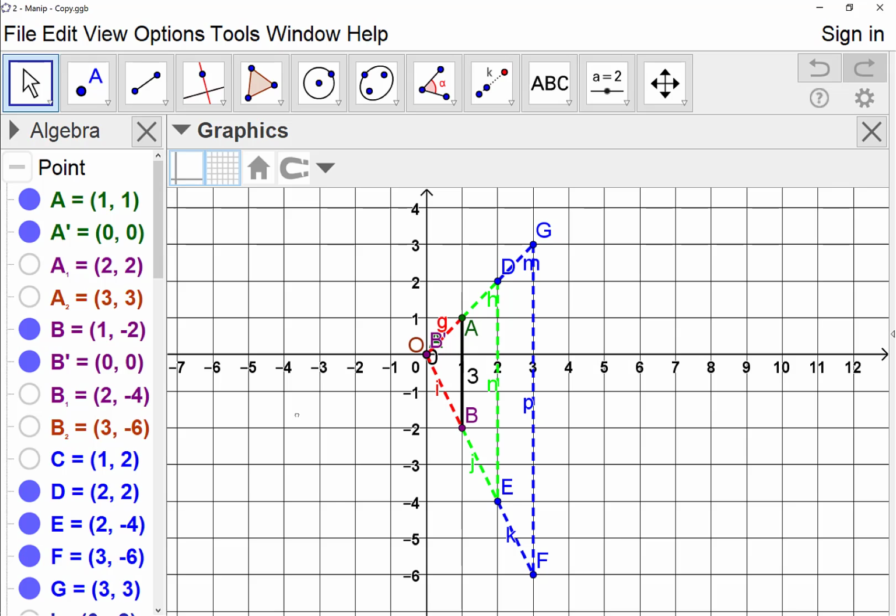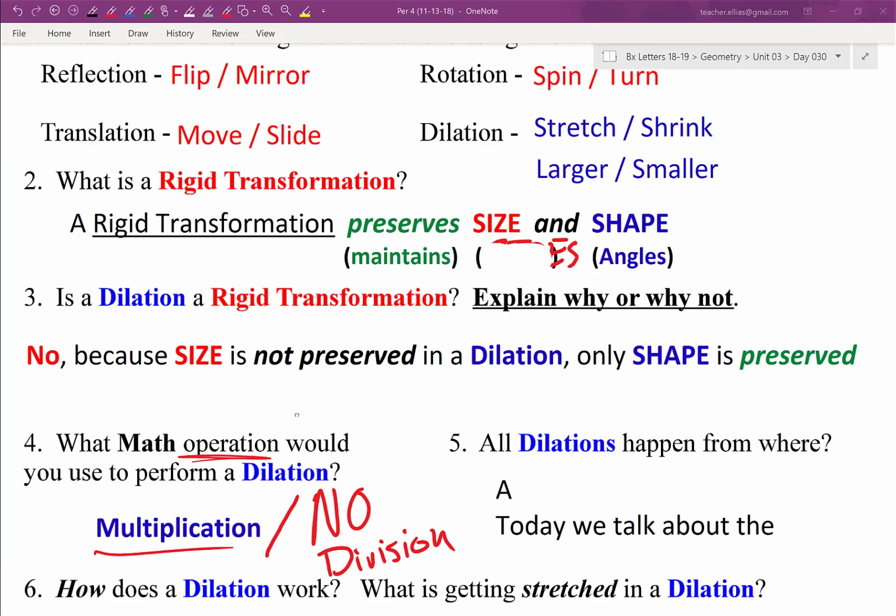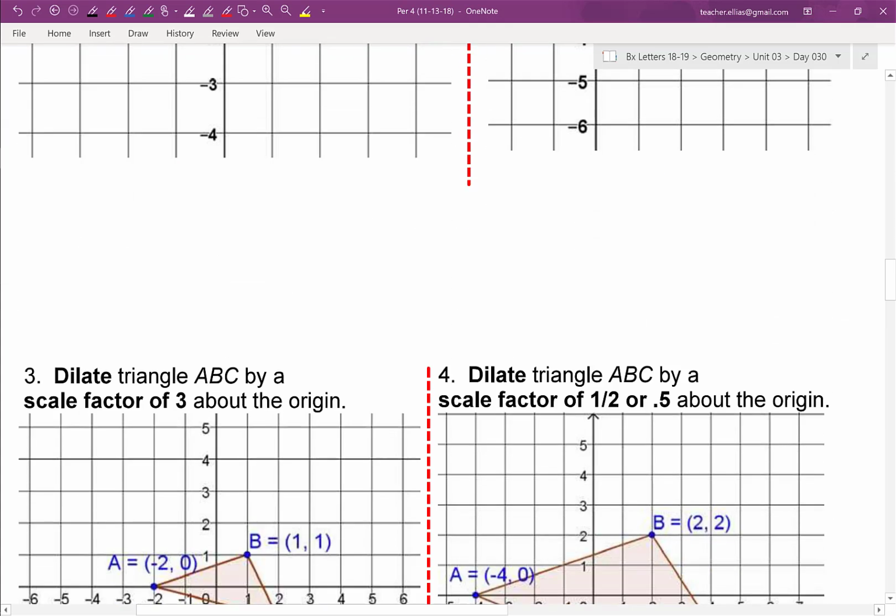We just did those. Wait, what do you want us to do? I want you to clarify. I want you to do 3 and 4.